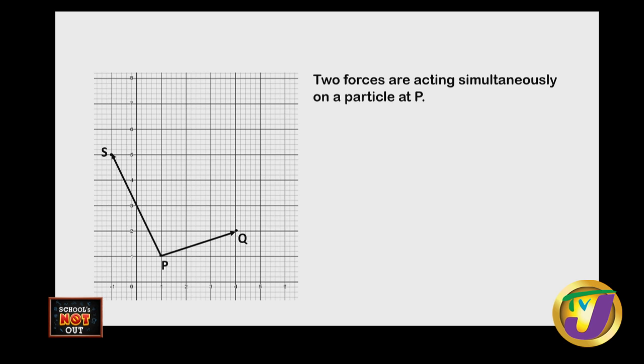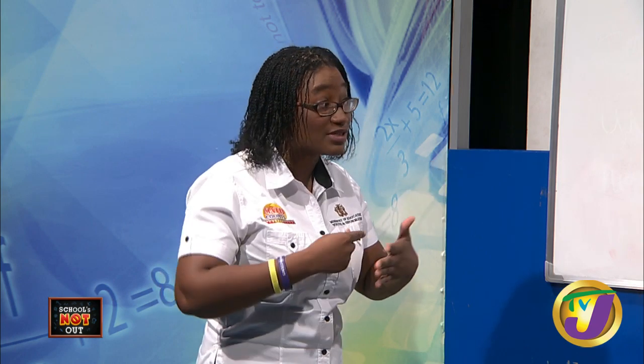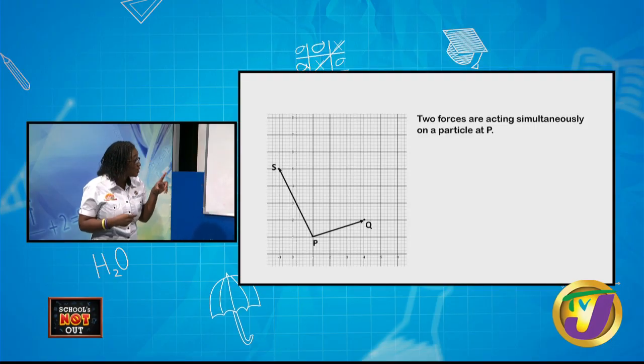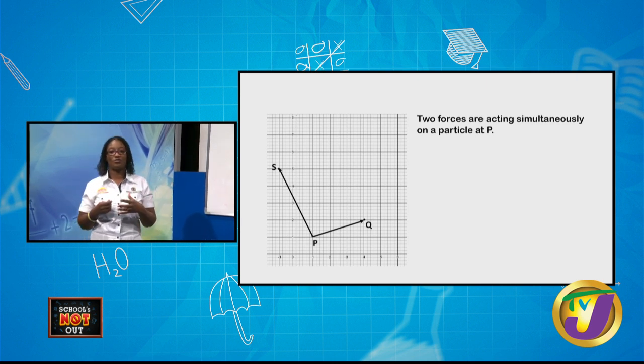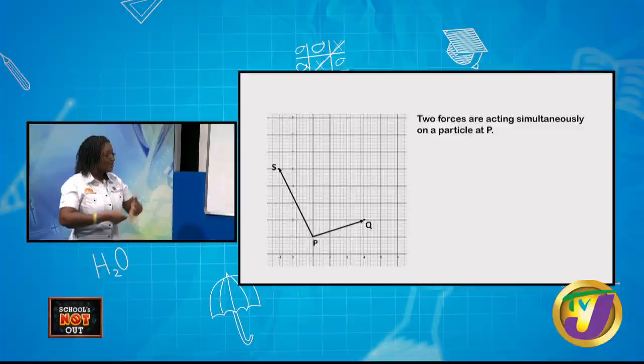We're looking at two forces, and when we say they're acting simultaneously on the particle, we're saying they're acting on the particle at the same time. I want us to remember that in last week's lesson, we spoke about some examples of vectors, and force was one of those vector quantities. So when we're talking about force here, we know from previous knowledge that we're looking at vectors.